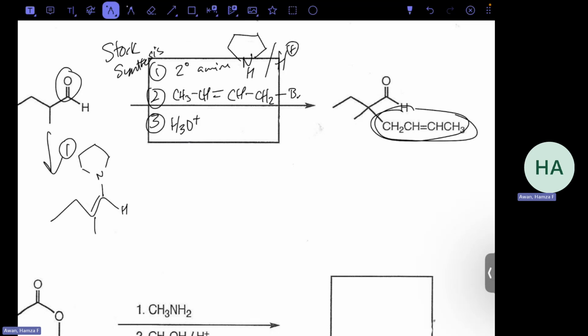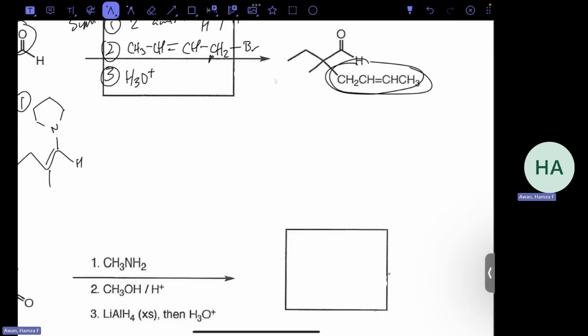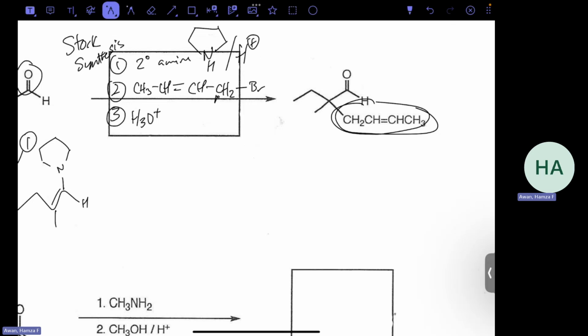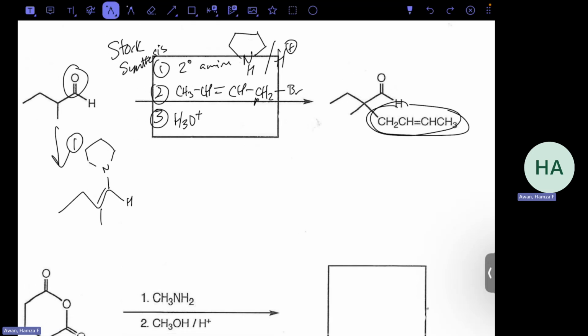And what this will do is that this double bond is going to come and attack this carbon right here, and it's going to create just the minus charge right here, or I guess it happens in one step. I'm not sure, but no, it's not gonna happen in one step.